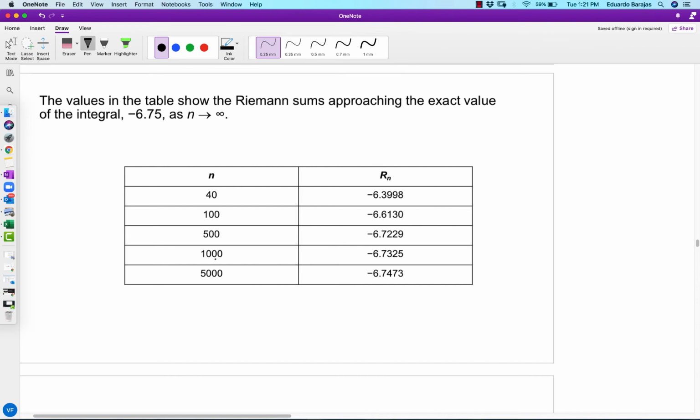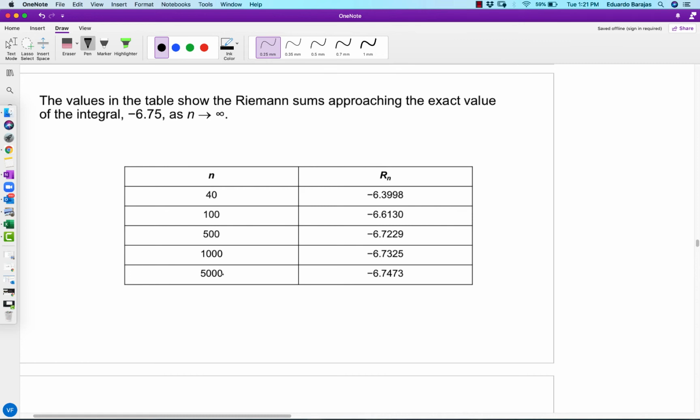When you do it with some fixed number of rectangles, even in cases where the limit does not exist, if for some reason we can't apply the limit as n goes to infinity, in some situations it might be good enough to just get a pretty good approximation out to 1 decimal place or 2 or 3 or 4, and just let n go out to a very large number.